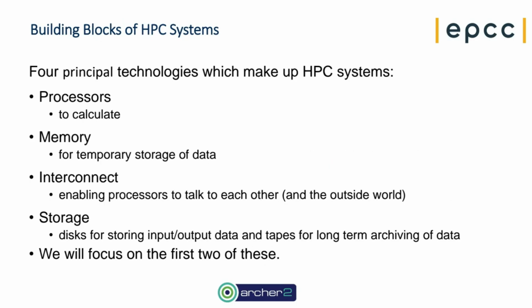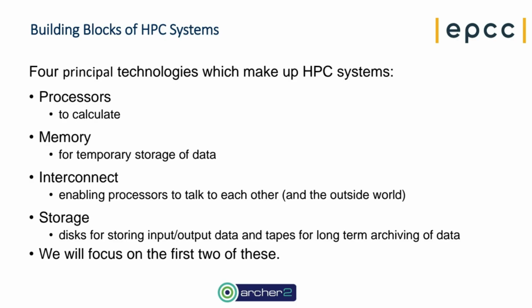If we think about the fundamental pieces of hardware that are put together to make an HPC system, there are really four principal technologies here. There are processors to do the calculation. There's the memory to store the working data for the code.